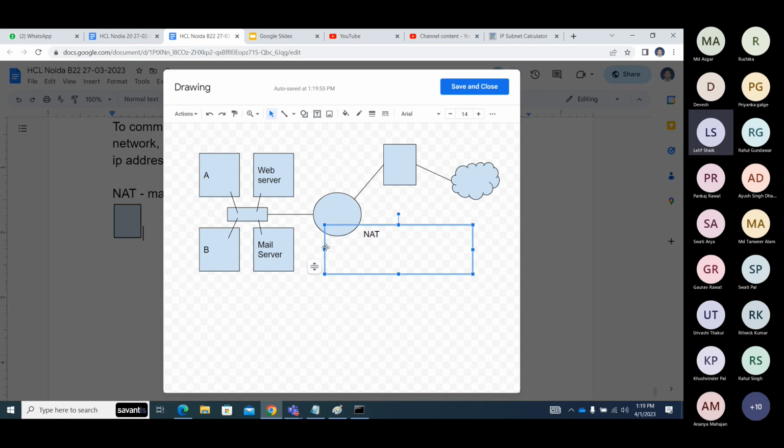We have private IP addresses. For example, take 10.0.0.11, because a small number is easier to write, and in public it goes with a public address. So it maps like this.